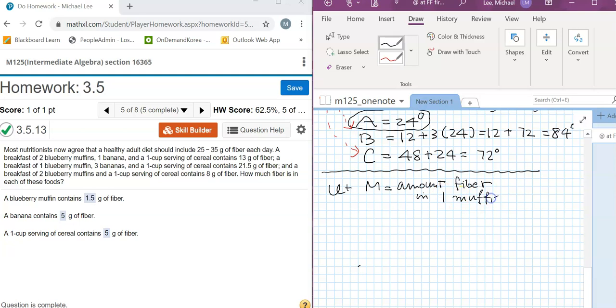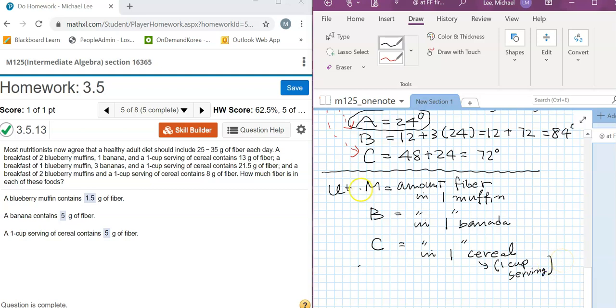And B is the amount of fiber in one banana. And C is the same thing, the amount of fiber in one cereal, one serving or one cup. One cereal means one cup serving.